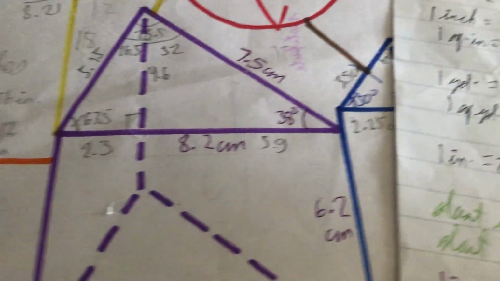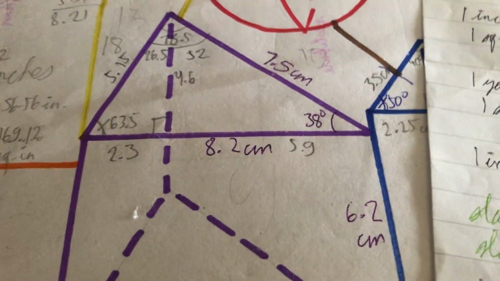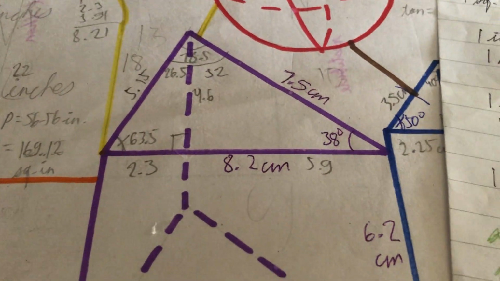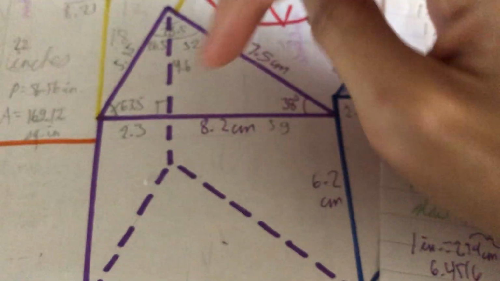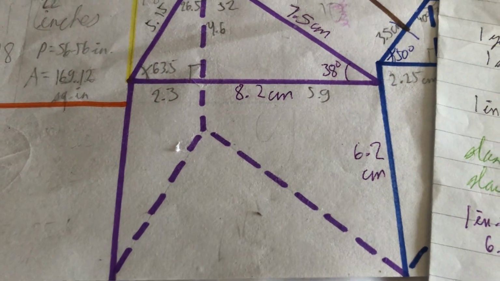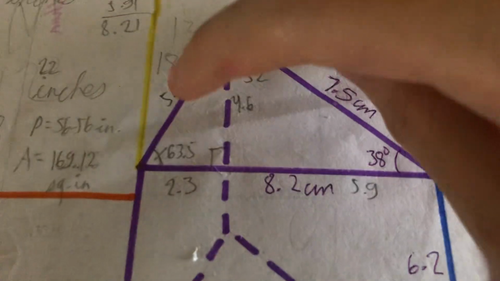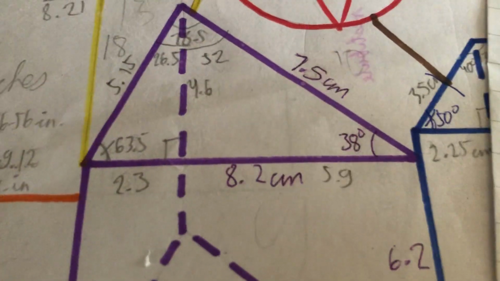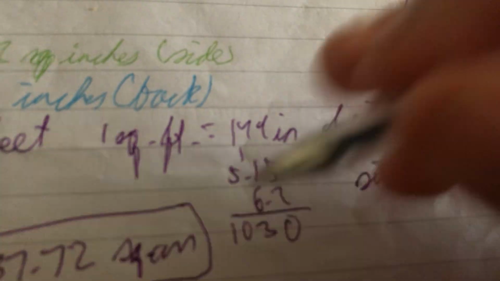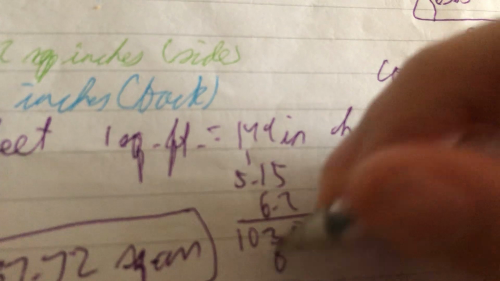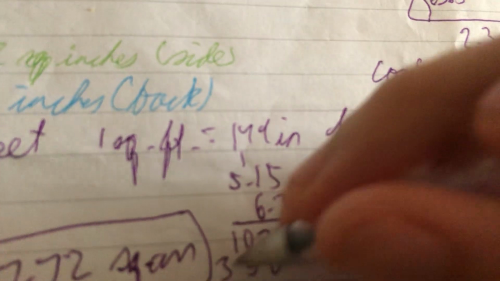Now, for the rectangles, remember there are 3, because we need to have 5 faces in a triangular prism. There's 1, there's 2, and there's 3. And the height is 6.2. So therefore, the measure of every length of the triangle times 6.2. So starting off at 5.15 times 6.2. Then 3, 10, 90, 30.